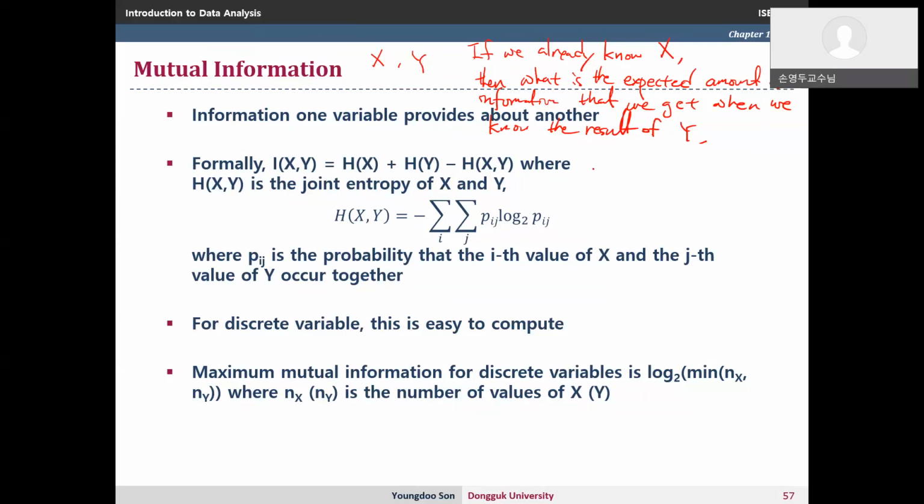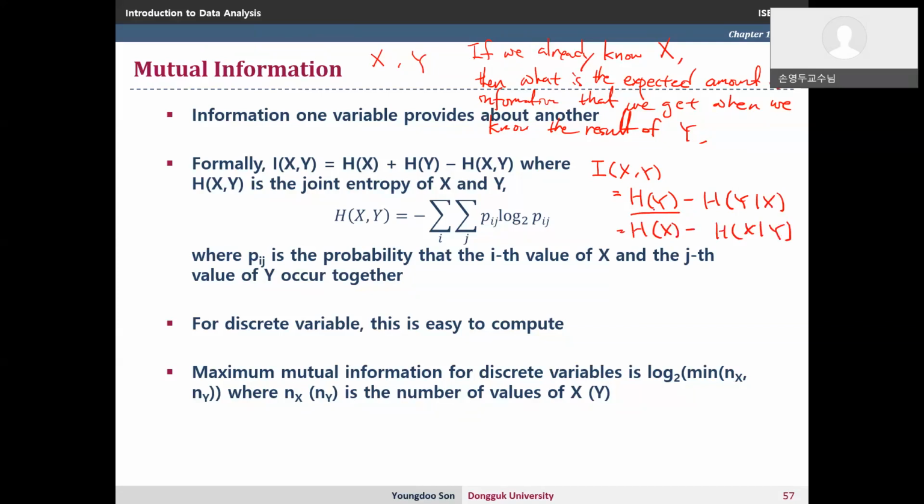So here, mutual information I(x, y) is given as H(y) minus H(y given x), or H(x) minus H(x given y).